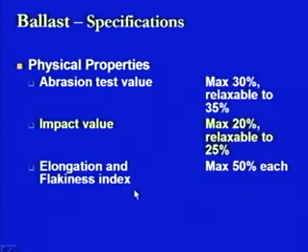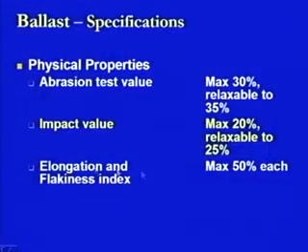If the length is much more as compared to the thickness and the width, then it is termed elongated material, whereas if the thickness is very less as compared to the length or the width, then it is termed flaky material. In this case the combined value, or the values taken separately, can be at the maximum 50% each.